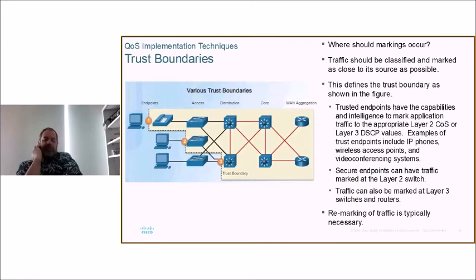Examples of trusted endpoints include IP phones, wireless access points, and video conferencing systems. Secure endpoints can have traffic marked at the layer 2 switch. Traffic can also be marked at layer 3 switches and routers. Remarking of traffic is typically necessary.